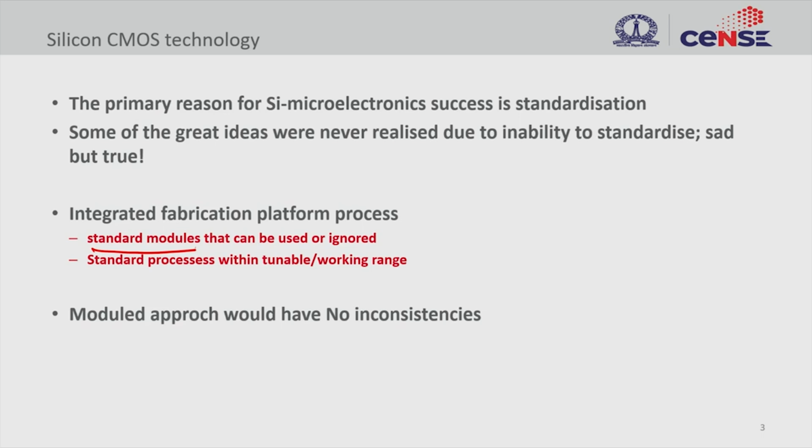If the line width variation that a standard module gives is about 5%, and if your requirement is 0.5%, then it is impossible to realize whatever design that you have. So it should be in that workable range of that standard process. Everything should be modularized. Unless you make modules out of your process flow, you won't have any consistency. So we have to make sure that there is a module so that there are no inconsistencies in realizing that process.